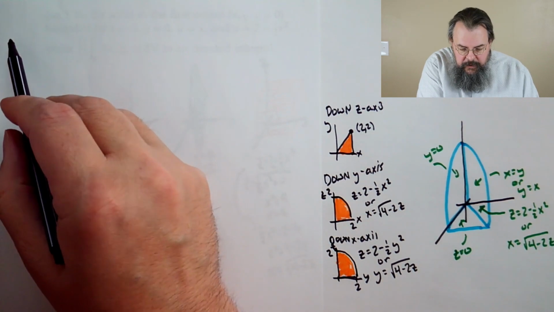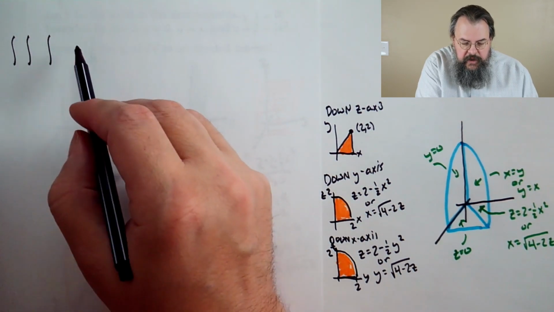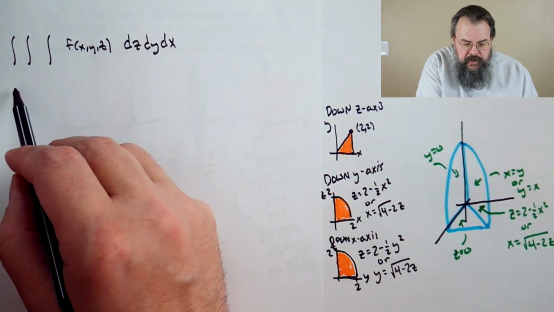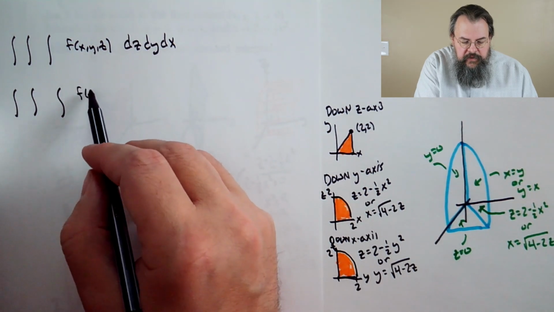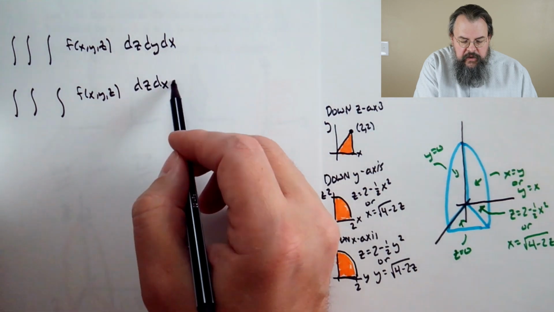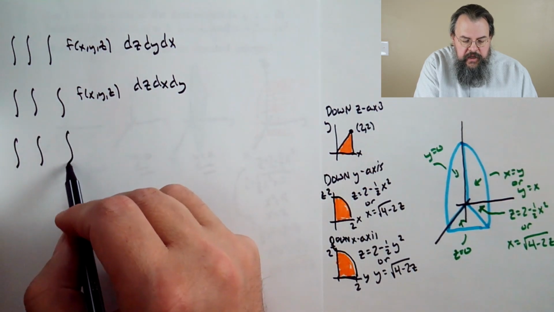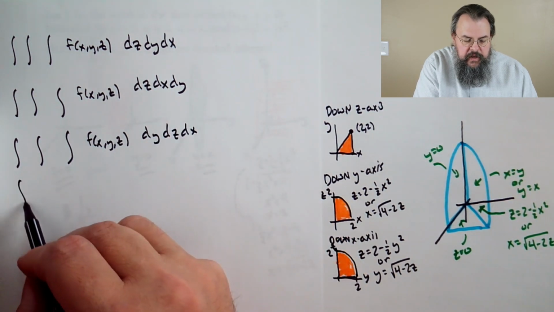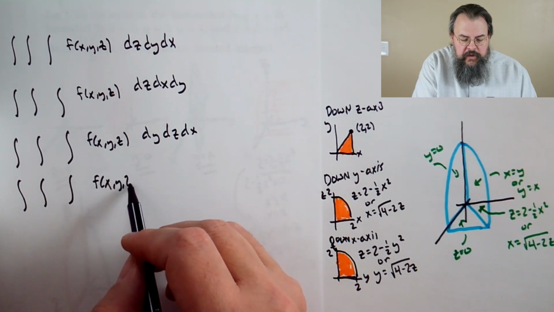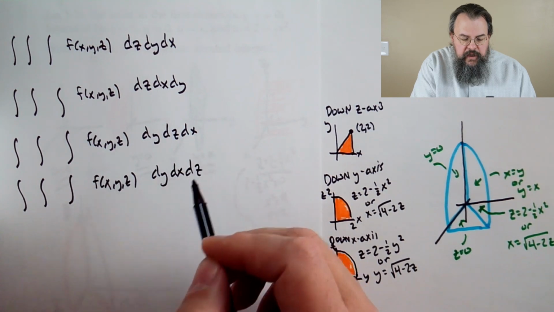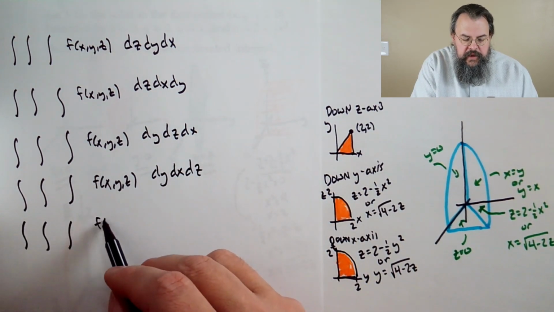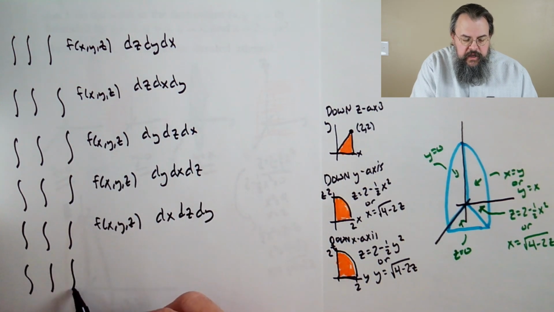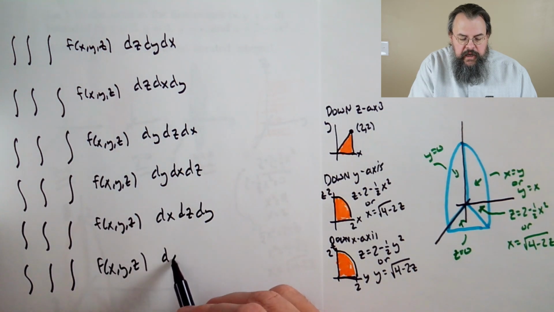So we'll begin. We're going to do integral, integral, integral, our function f of x, y, z, and then we'll do dz, dy, dx, and then integral, integral, integral, f of x, y, z, dz, dx, dy, then f of x, y, z, dy, dz, dx, then f of x, y, z, dy, dx, dz, then f of x, y, z, dx, dz, dy, and finally f of x, y, z, dx, dy, dz.